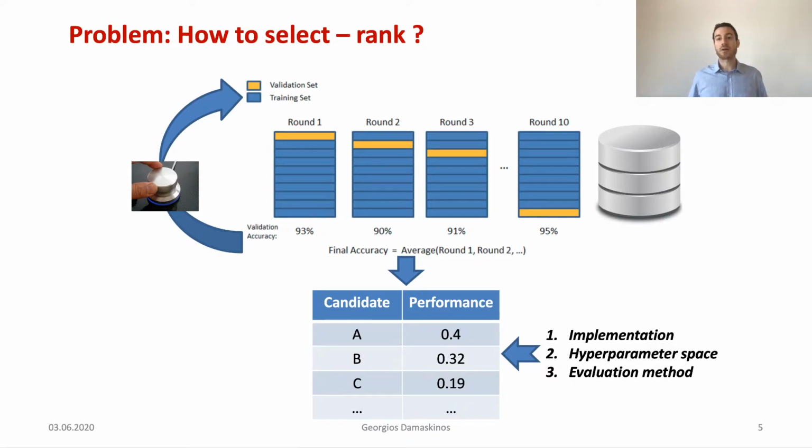The second is the hyperparameter space. How does this newcomer tune these algorithms? Does it deploy grid search or random search? What were the ranges of the values considered? And the third is the evaluation method. How was the data split, or which metric was used for the ranking?